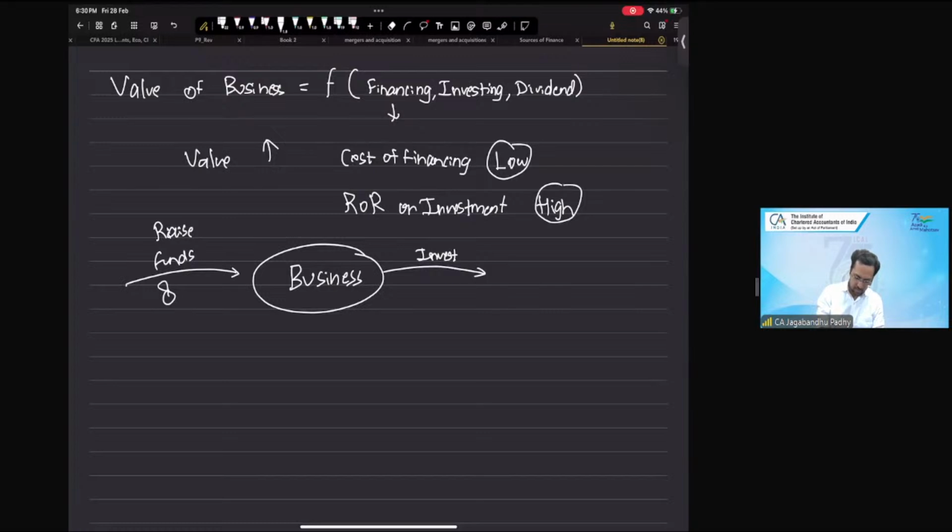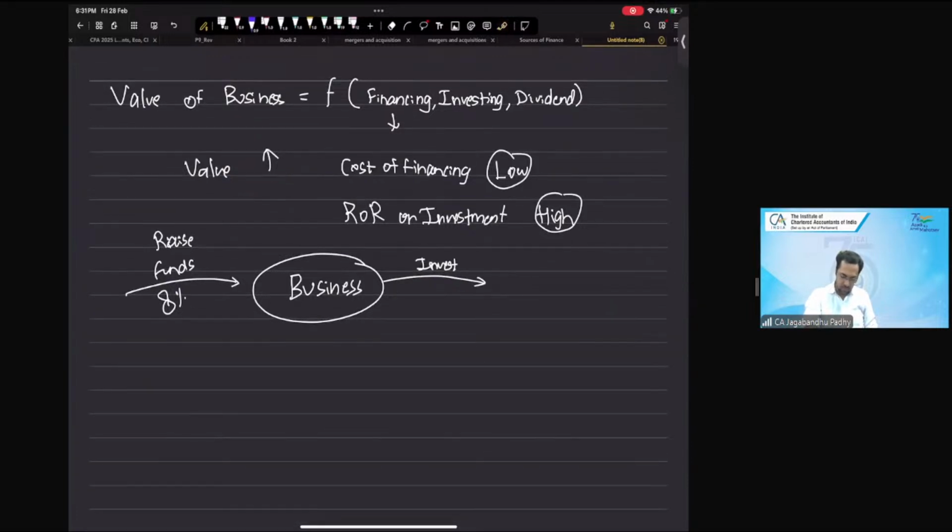Now, if you're getting funds at, let's say, 8% cost, what should be the rate of return on investment which will lead to high valuation for the business? If your cost of funds is 8% per annum, can I say the investment has to be greater than 8%? It has to be greater than 8%, because only then are you making profit out of it, right?